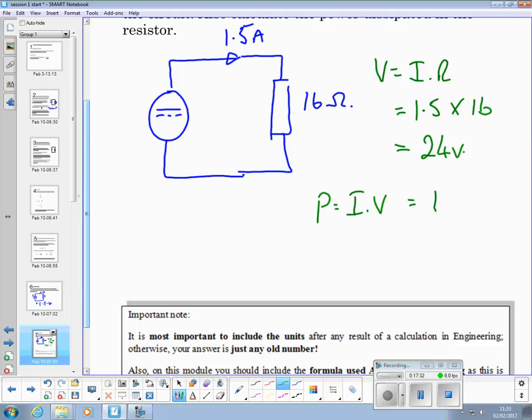So you could, in this case, 1.5 times 24 is 36 watts. In this particular case, you haven't introduced any error.